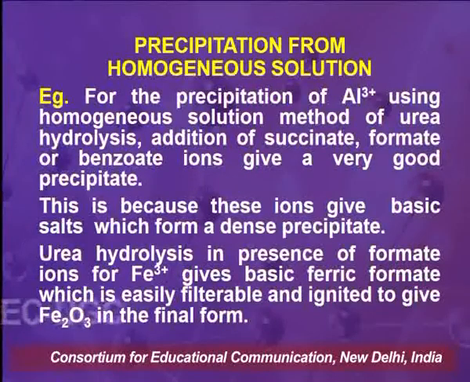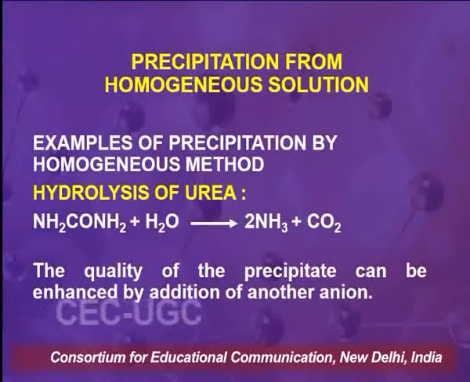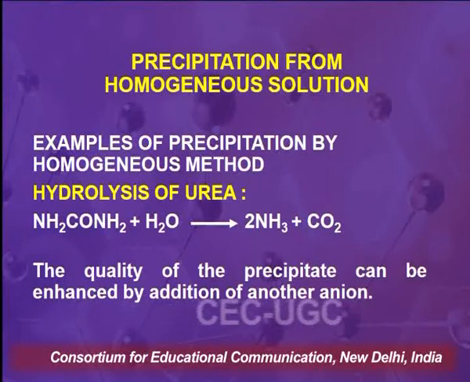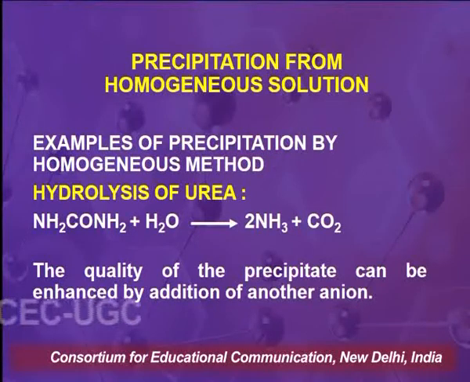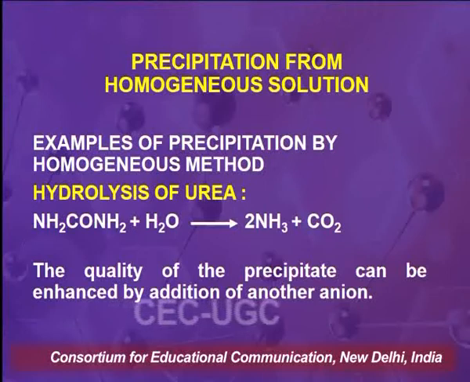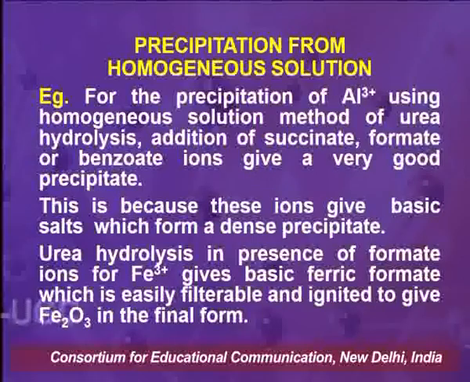For example, consider the precipitation of aluminium ions using the homogeneous solution method of urea hydrolysis, in which urea reacts with water to form ammonia and carbon dioxide. This particular reaction can be used to precipitate a particular metal ion in solution, and in this case we are discussing the example of aluminium.